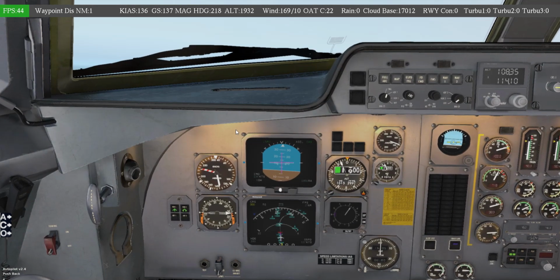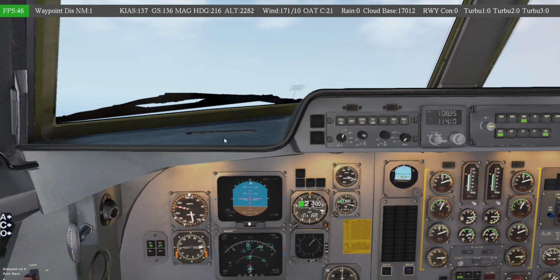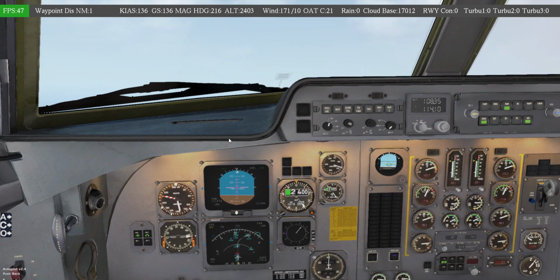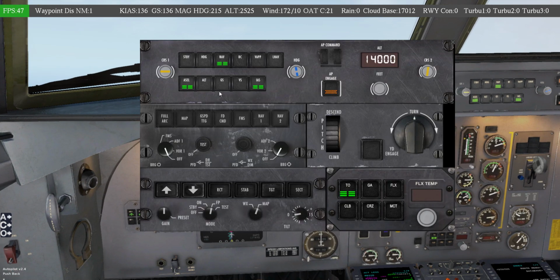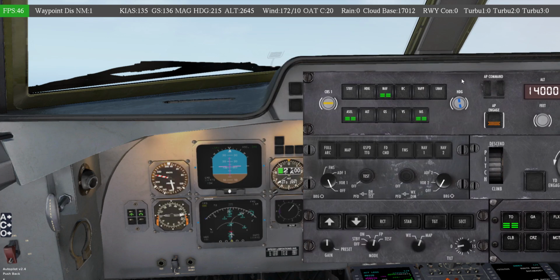That it takes a bit before the aircraft actually registers the autopilot, and now the air traffic control could tell us to make a right-hand turn in order to shorten our route, because that's actually what air traffic controls are doing.